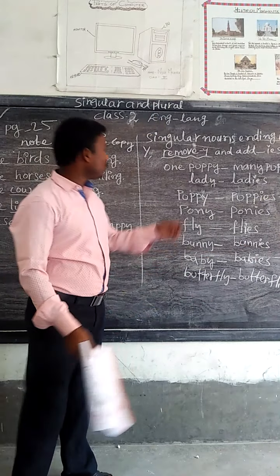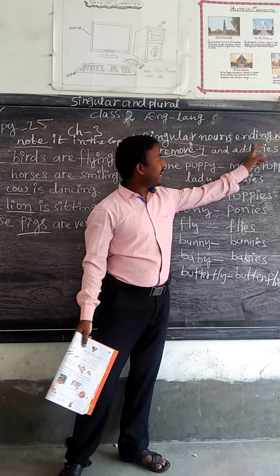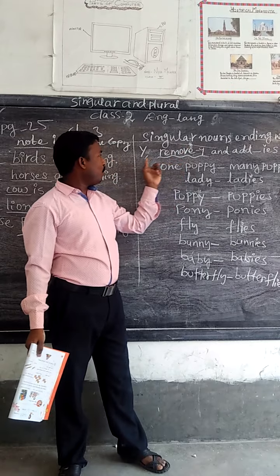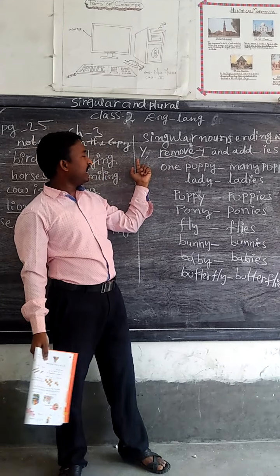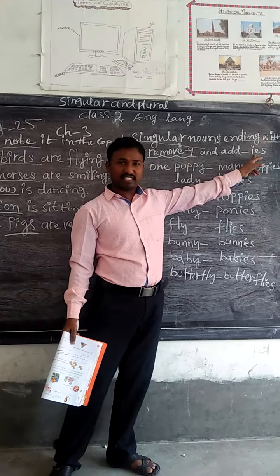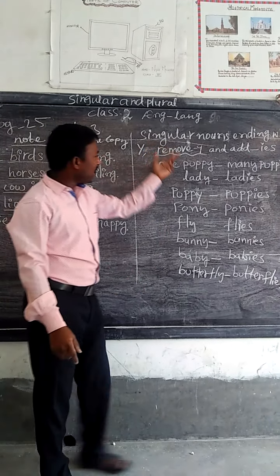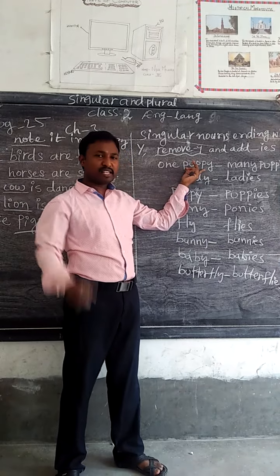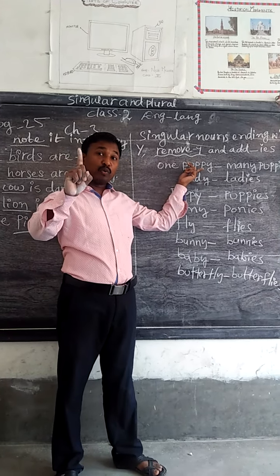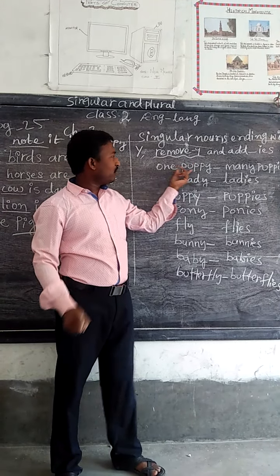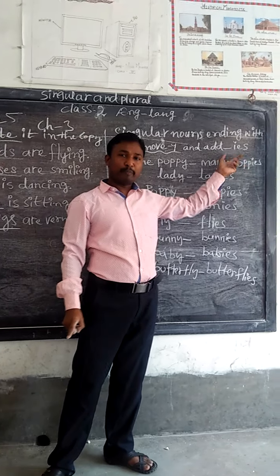Dear children, now you see: singular nouns ending with y, remove this y and add ies. One puppy is one, singular, only one. Now you see many puppies, both puppies.